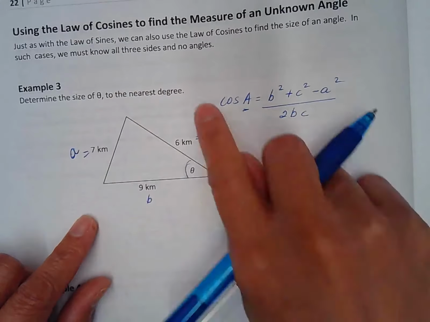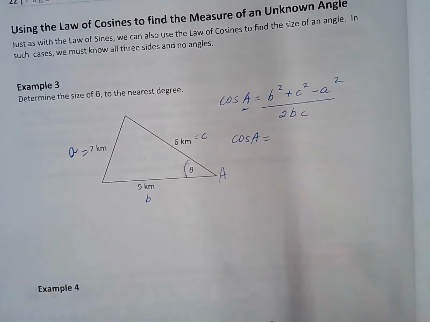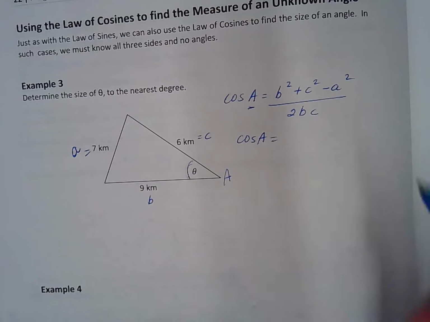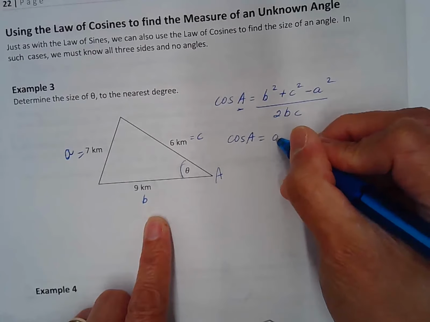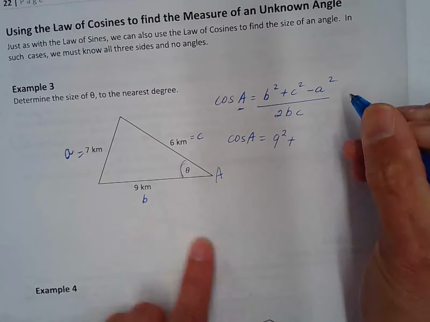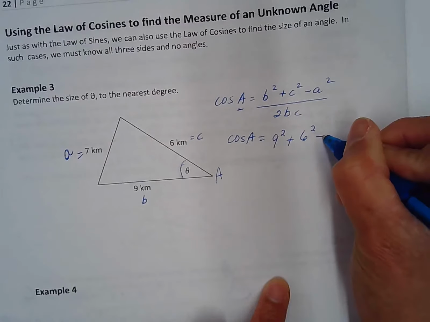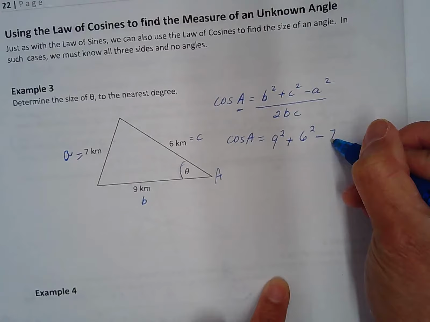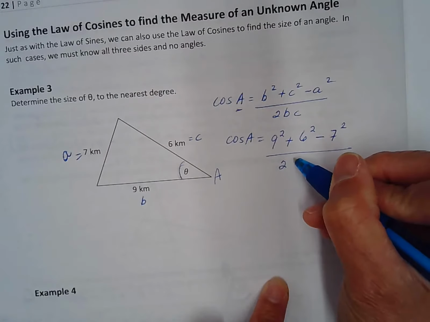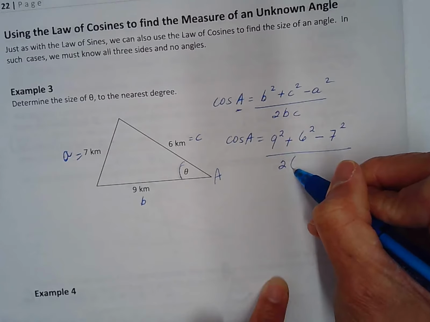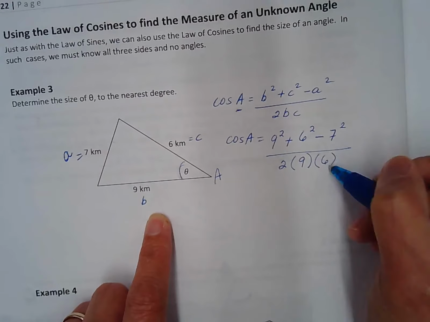Now you have all these in your formula, so let's calculate this. First, we substitute the values in. What's my B? 9. So we put 9 squared plus, what's my C? 6 squared minus, what's my A? 7 squared, divided by 2 times B, 2 times 9 times 6.